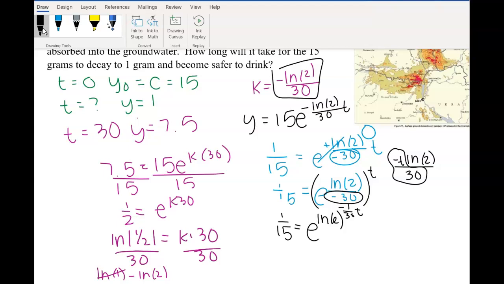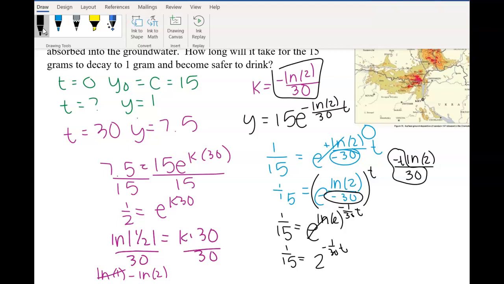Because the e and the ln have to nicely and cleanly cancel each other, you can't be multiplying anything else. It has to change to a power to a power. Now my e's and ln's cancel, and I get 1 over 15 equals 2 to the negative 1 over 30 t.